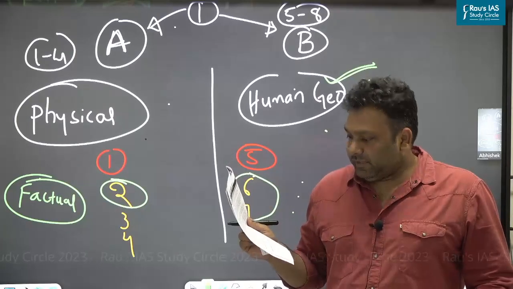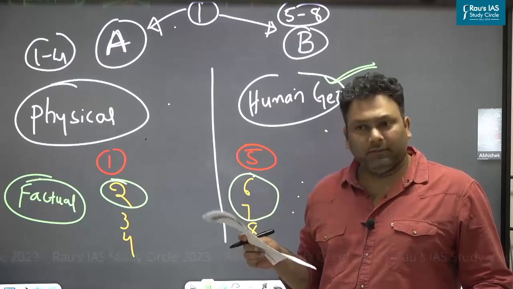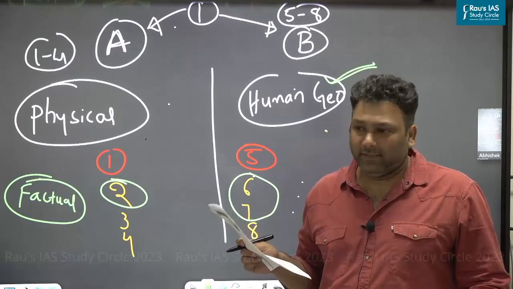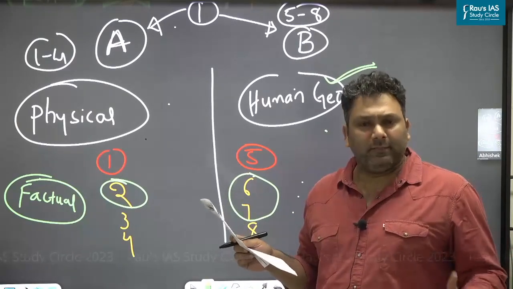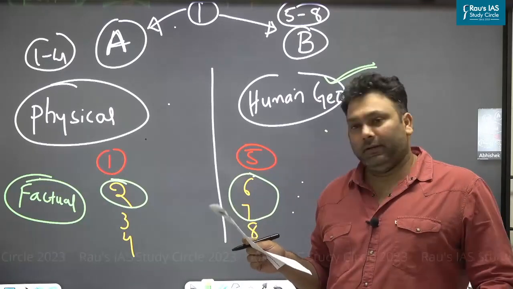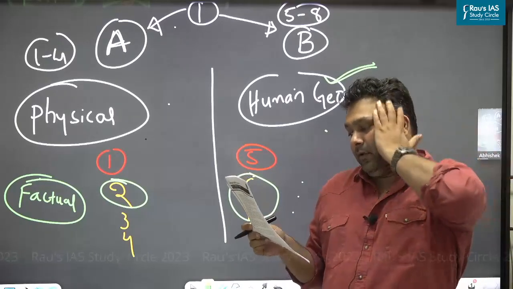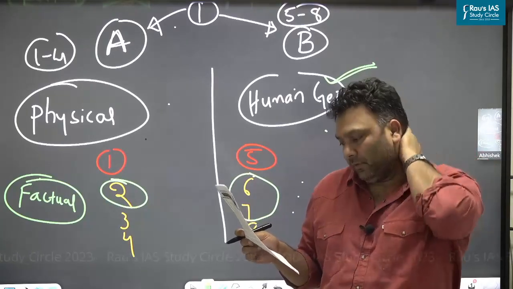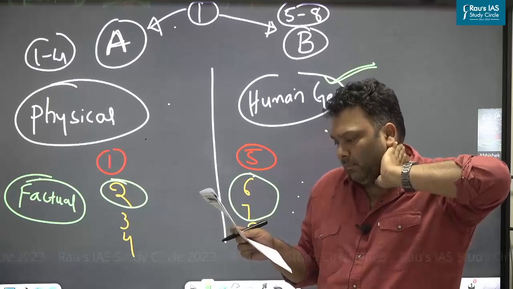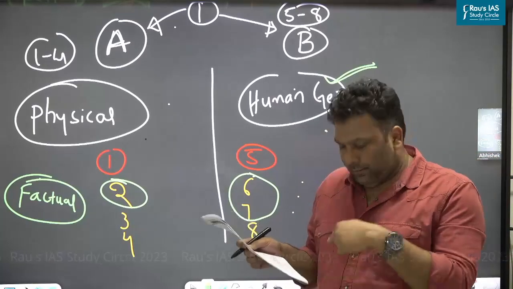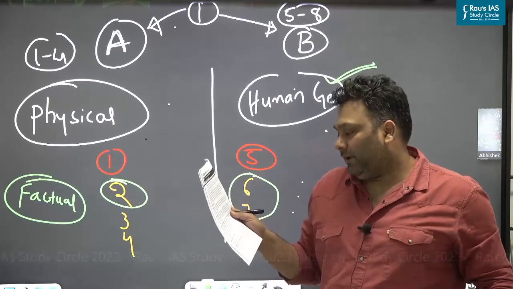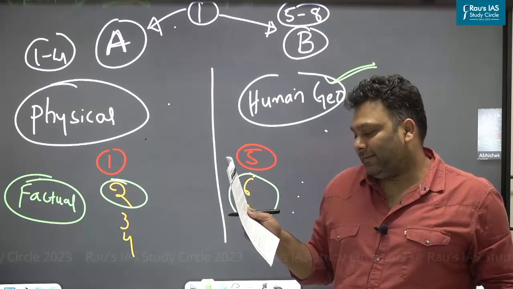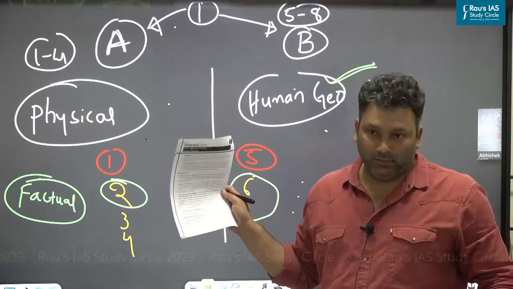So without wasting much time, we'll be starting with population and settlement geography. In that, firstly, I'll be starting with population geography. In population geography, you see growth and distribution of world population, demographic attributes, causes and consequences of migration, underpopulation, overpopulation. But if you look at the last chapter, fifth chapter, you'll see demographic transition model, Marxian model, Malthusian model.